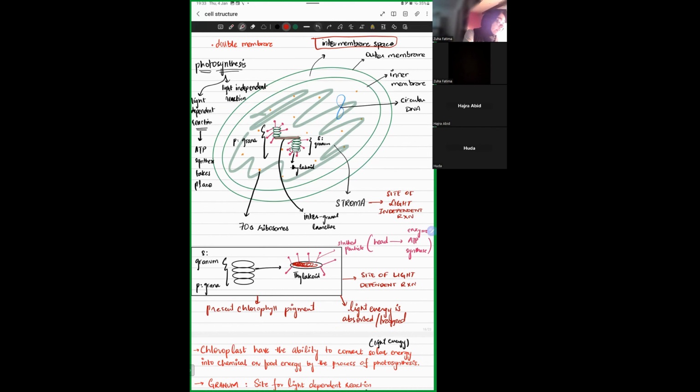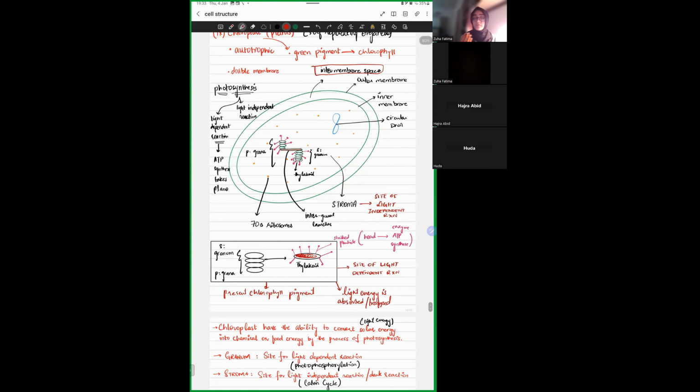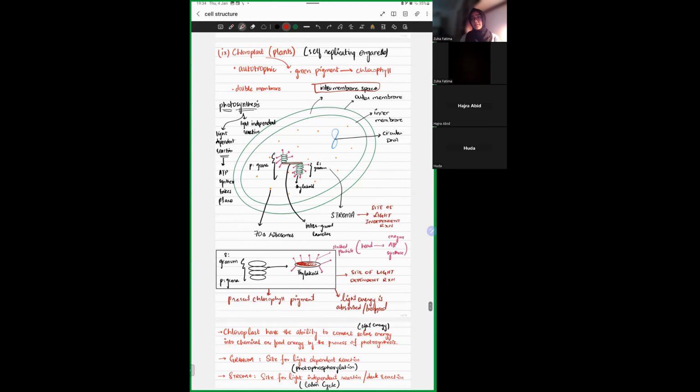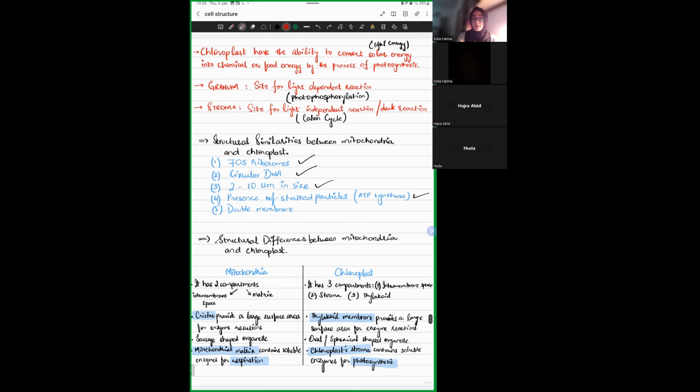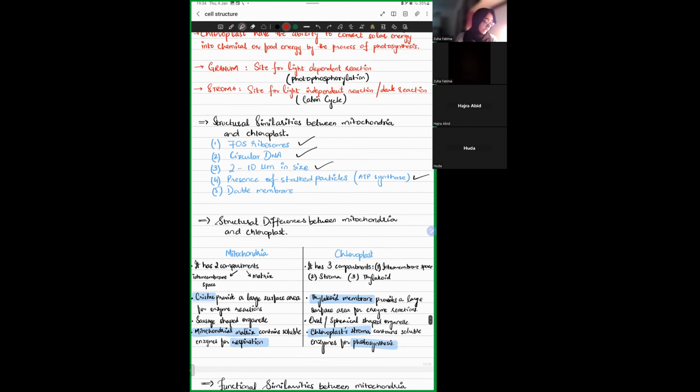So in totality, we have three compartments, three regions inside a chloroplast. One is the intermembrane space at the start, then we have the stroma, and third, we have the thylakoid space. So I have mentioned over here that there are two compartments in mitochondria, intermembrane space and matrix. And in a chloroplast, we have three compartments: intermembrane space, stroma, and thylakoid.